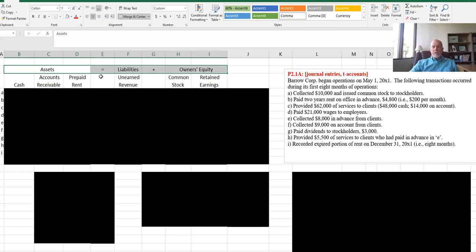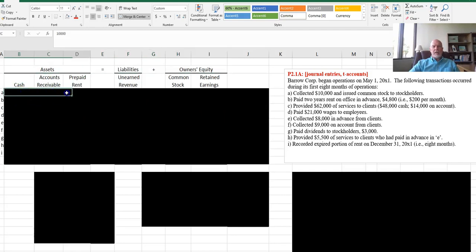So, for example, in the first one, transaction A says we collected $10,000 and issued common stock to the stockholders. So that's typically the first thing that's going to happen when a business gets started: the owners invest money to start the business. And from the company's perspective, this is the company's accounting equation.